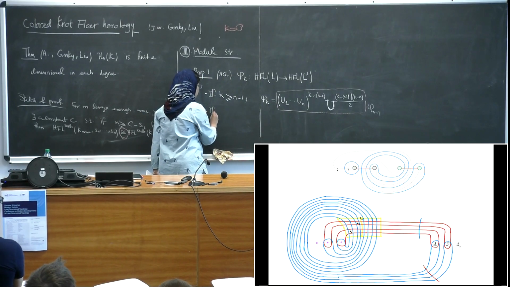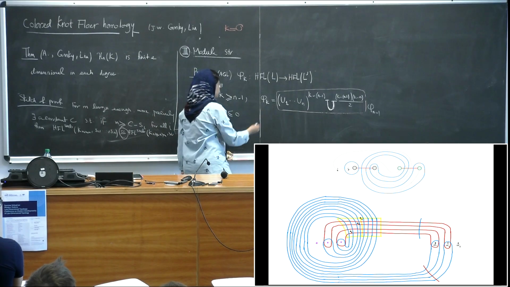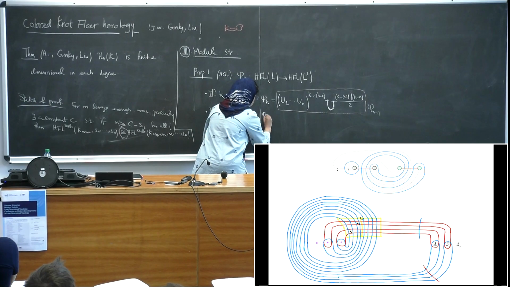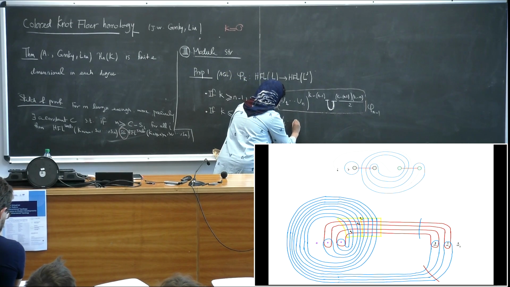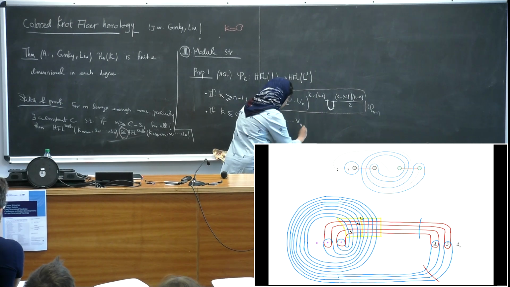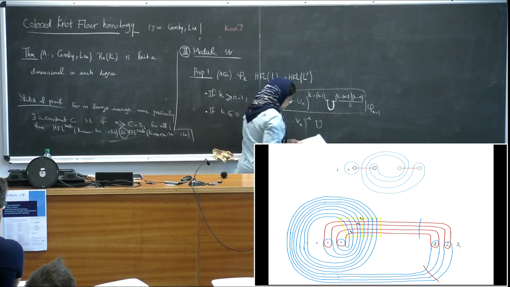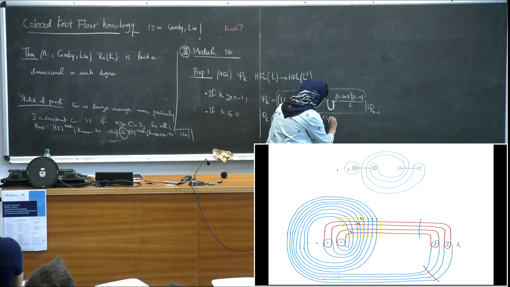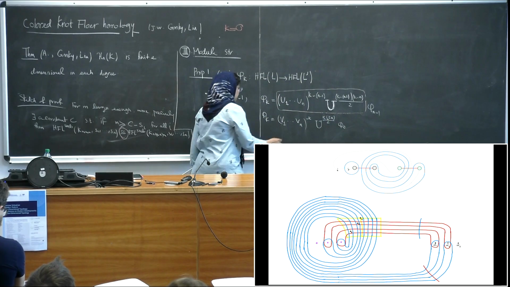And if k is less than or equal to 0, then everything is given by some monomial times phi 0. So phi k is something times phi 0.